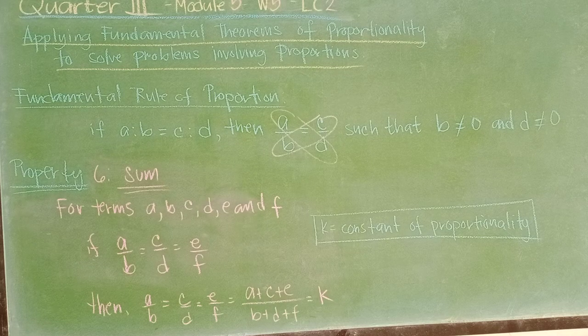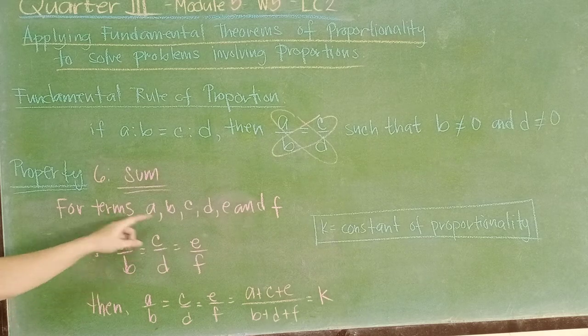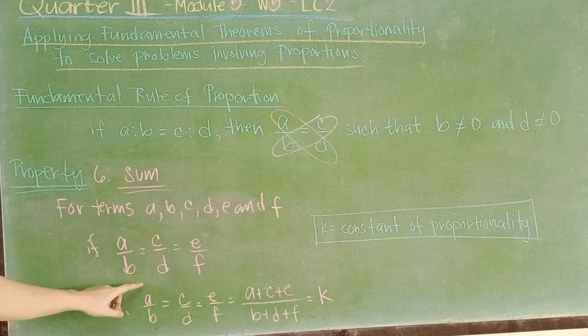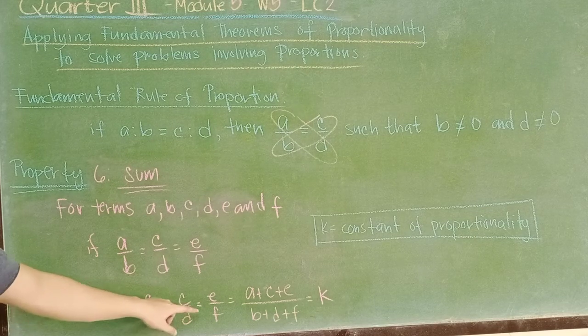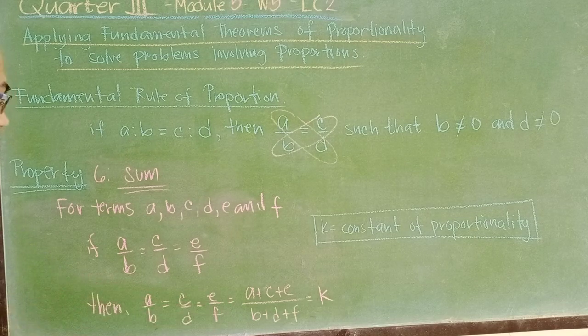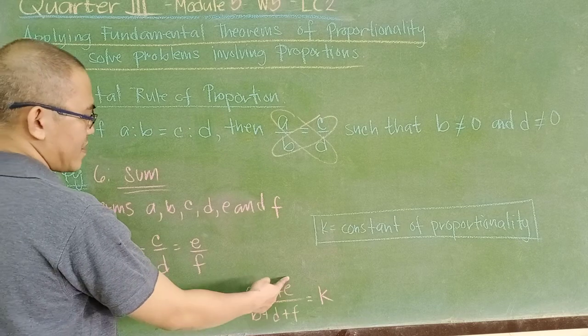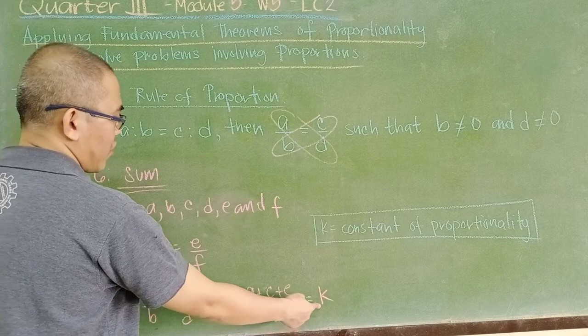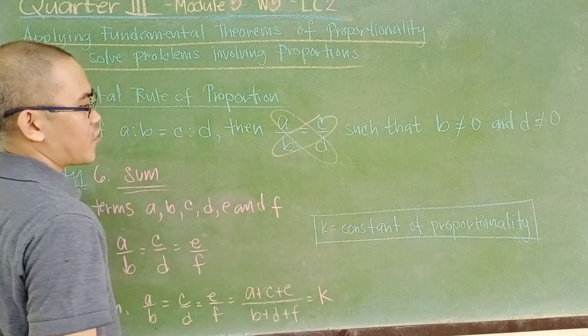Now for property number 6, which is sum, for terms A, B, C, D, E, and F, if A over B is equal to C over D, and it is equal to E over F, ibig sabihin, yung tatlong ratios natin na yan, equal lang sila in value, then A over B is equal to C over D is equal to E over F is equal to A plus C plus E over B plus D plus F is equal to K, wherein K is yung constant of proportionality.